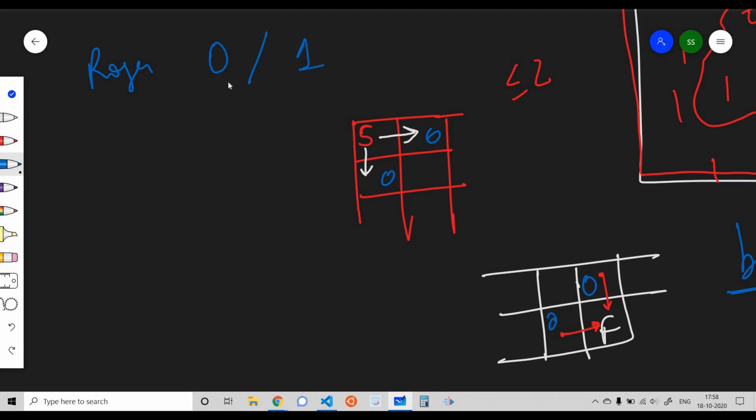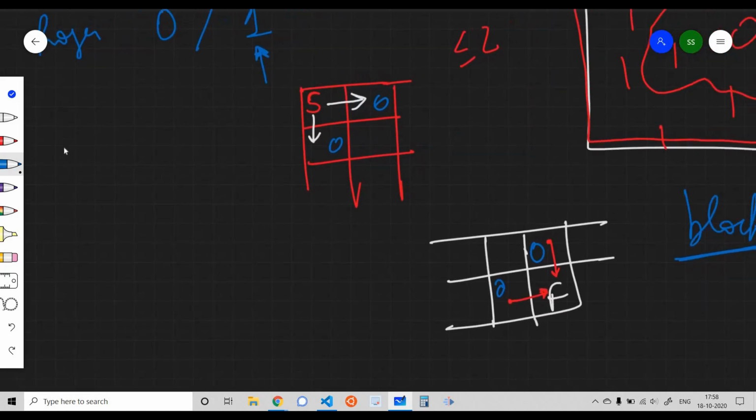If he has chosen 0, then Roger can only move to cells containing a 0, and they must be adjacent as well. And if Roger had chosen 1, then Roger needs to move in the cells containing 1, and they should be adjacent as well.